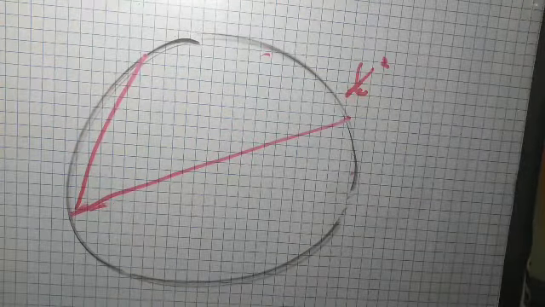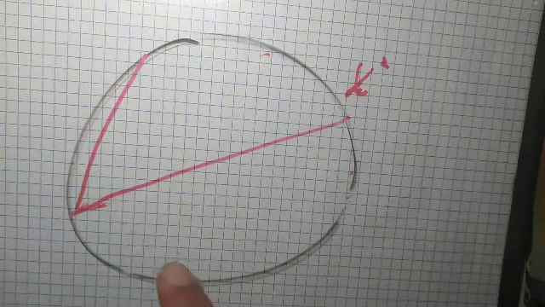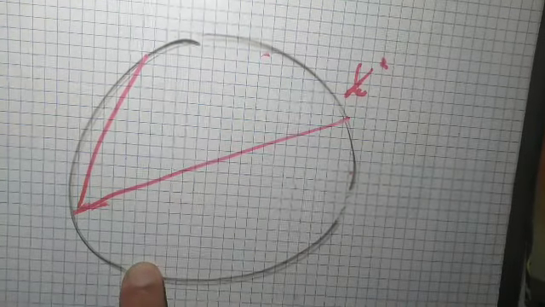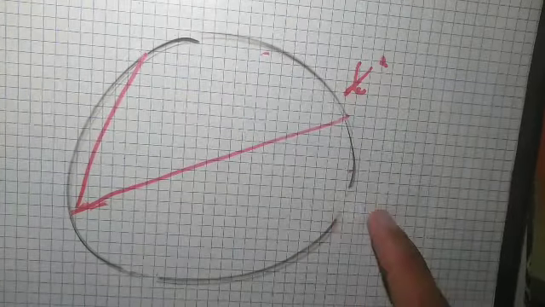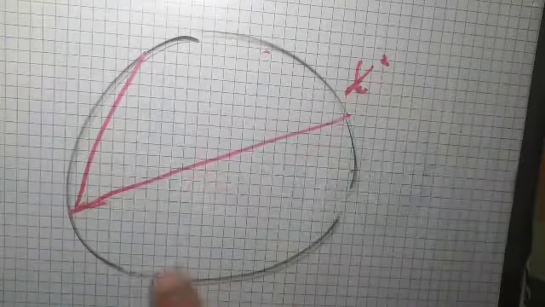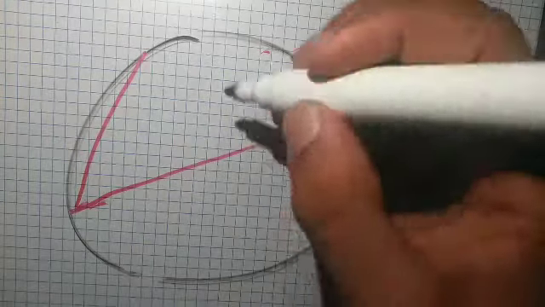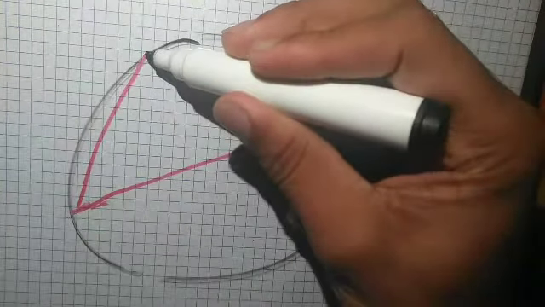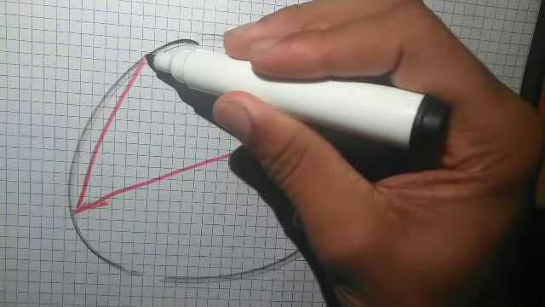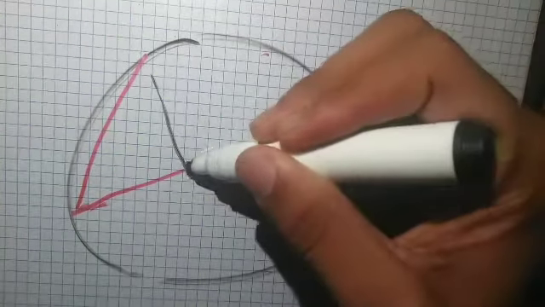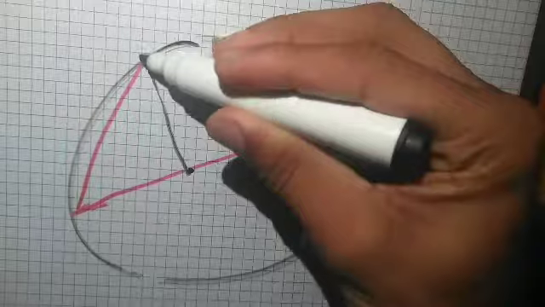A chord is basically one point on a circle to another point on the circle, not the radius, not the midpoint, that connect each other. Let's say we have a chord that connects the top of our inscribed angle to right there.